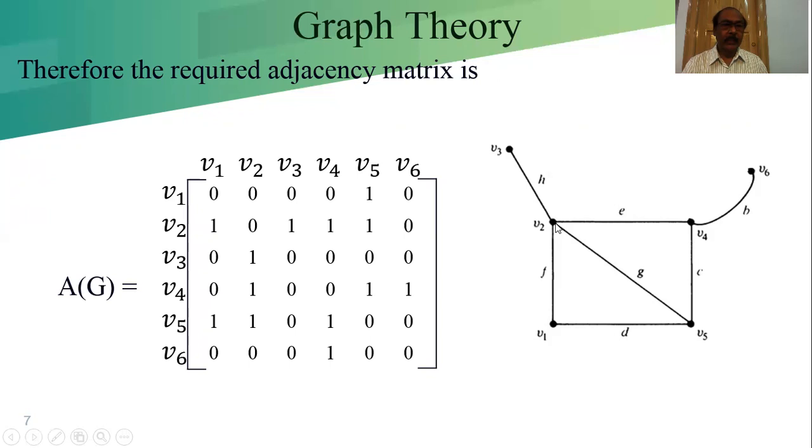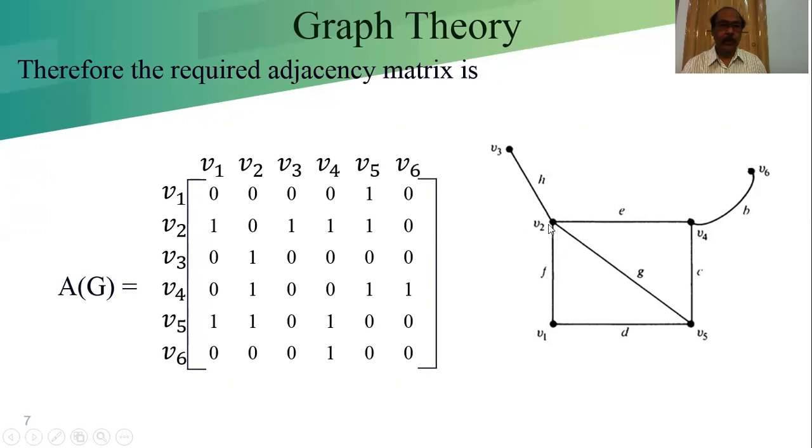Now V2 is connected to V5, so 1. In the same way V5 is connected to V1, so A51 equals 1. Again, I am considering V4. V4 is connected to V6, V5 and V2. At the same time if we consider V2, V2 is connected to V1, V5, V3 and V4.